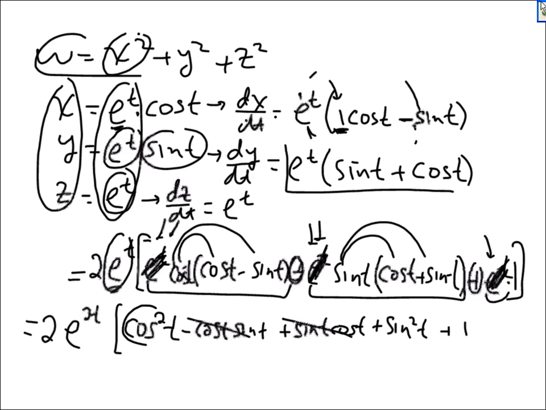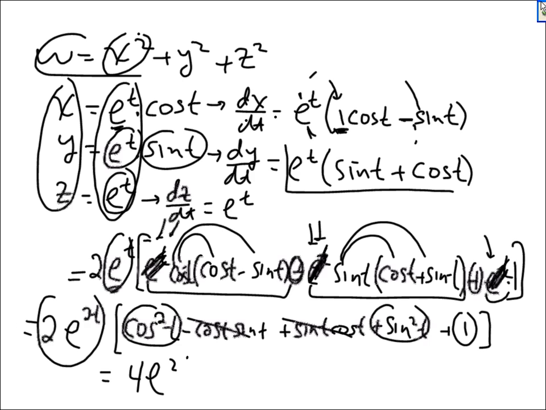The thing is, this plus that is 1, plus another 1 is 2. So this mess gets multiplied by 2. So it's 4e to the 2t. What's in these big brackets is just 2. 2 times 2 is 4, times e to the 2t is 4e to the 2t.